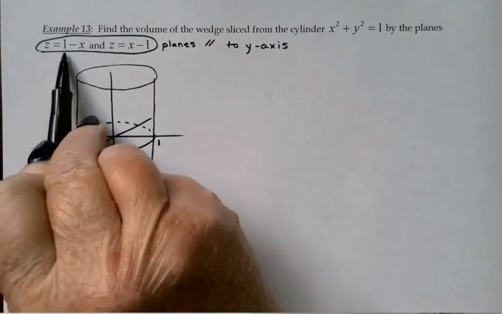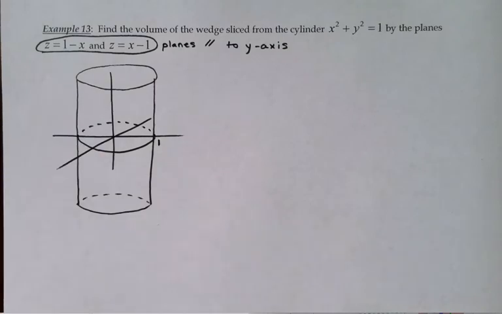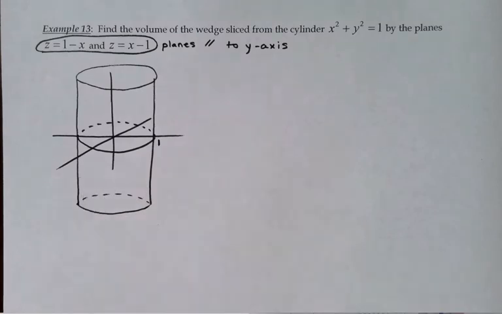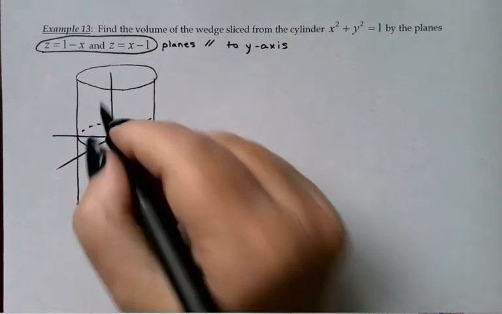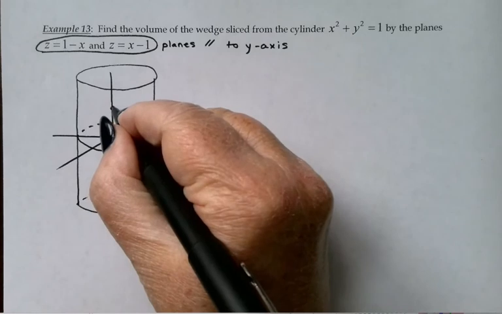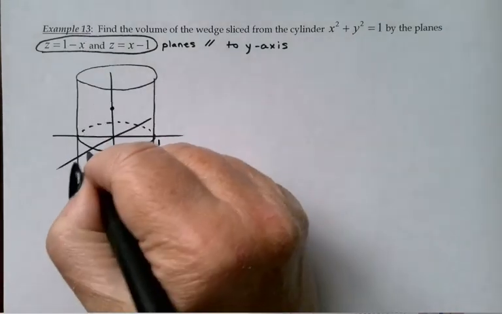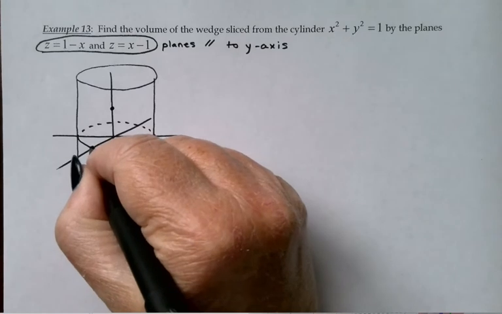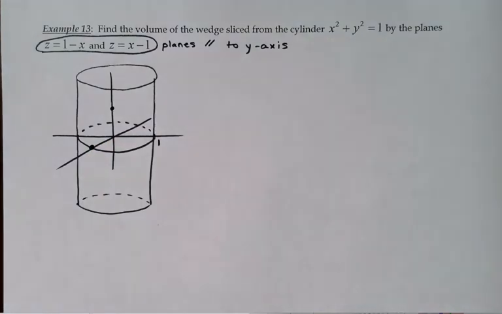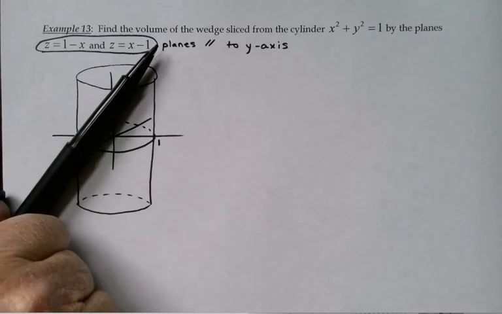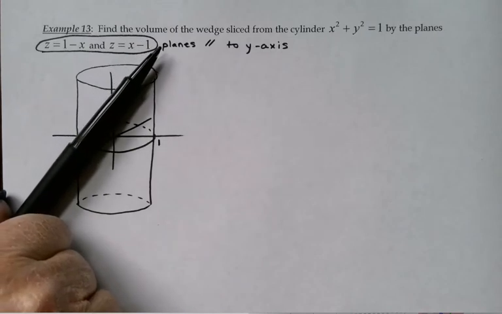So starting with z is equal to 1 minus x. It will have a z-intercept of 1. And notice that z would be 0 when x is 1. So it's going to go through x equals 1, z equals 0 over here. And so I'm going to get this slanted plane like this, slicing through my cylinder.